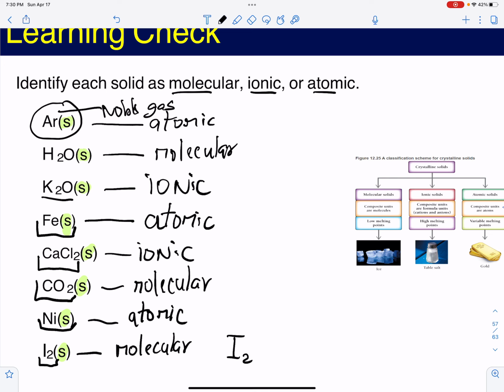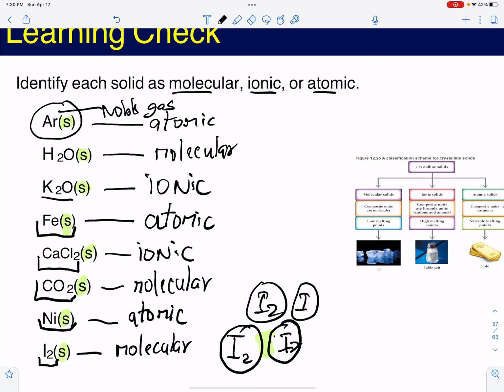There's only two of them, just a molecule of I2 attracted by dispersion forces to another molecule of I2, and so on, and so on. The only thing keeping them together is the dispersion force. How do I know it's only dispersion force? Because this molecule is nonpolar, so there's no dipole anywhere.